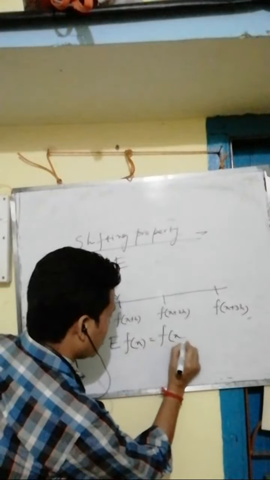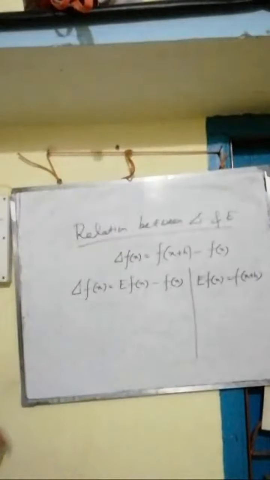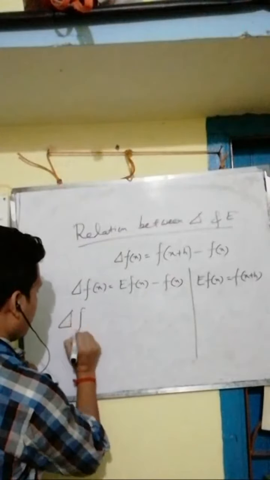We all know that del f of x equal to f of x plus h minus f of x. Then if we apply E on f of x, it will be f of x plus h. So we just replace f of x plus h by E f of x. So del f of x equal to E f of x minus f of x. Clear? Now we take del f of x.